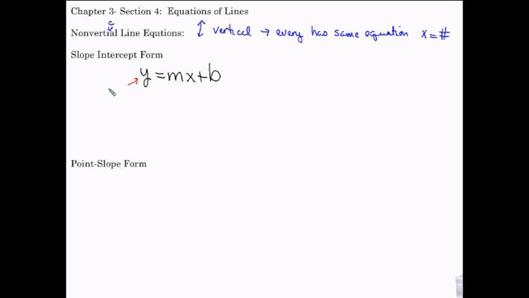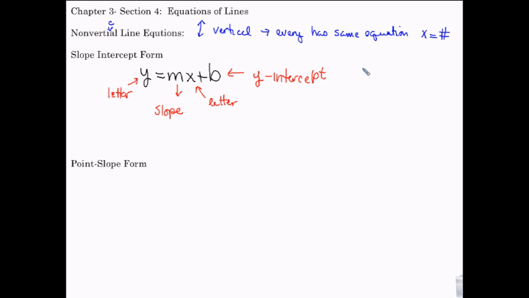Y stays a letter. M is your slope. X stays a letter. And b is your y-intercept. So m and b are going to be numbers.